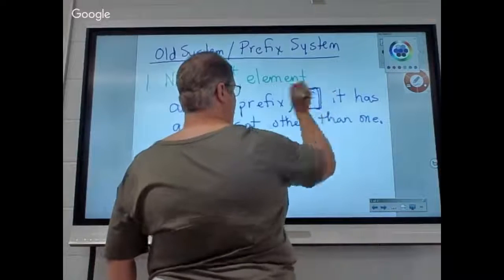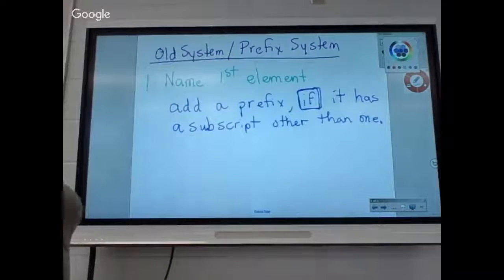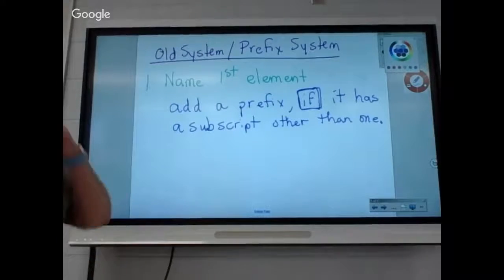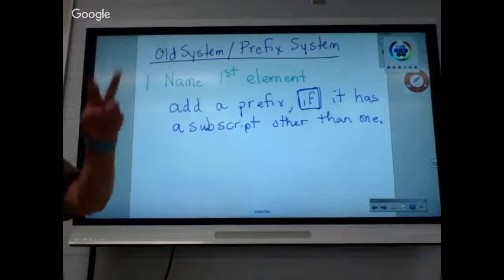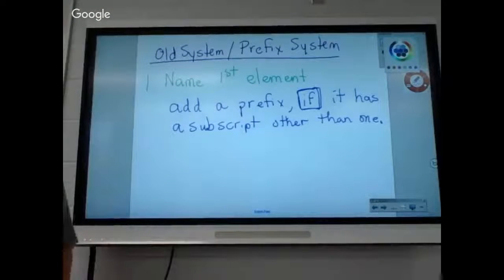Okay? Notice I qualified that. We only add a prefix to the first element if it has a subscript other than 1. Like it has a 2 or a 3 or a 4. If the subscript is a 1, am I going to add a prefix? No. So a lot of times the first element is not going to have a prefix.